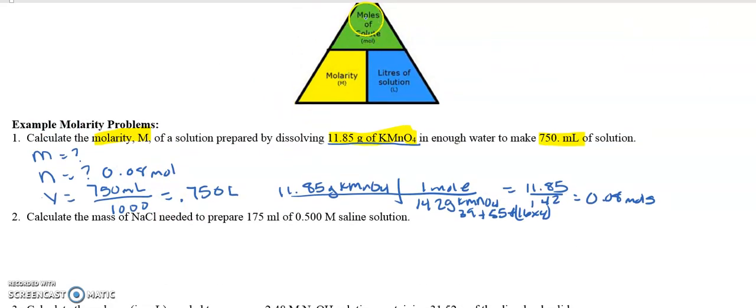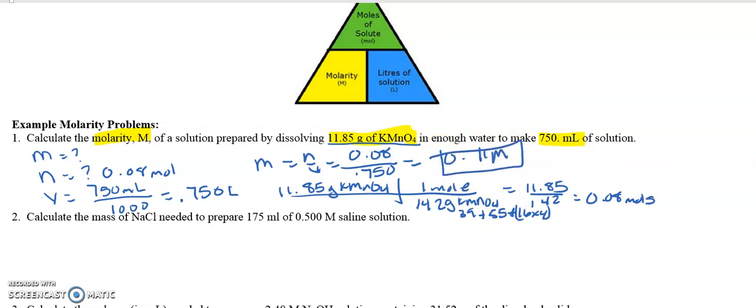So molarity is moles over liters, so M equals n over V. I'm going to take moles, put that on top, divided by the volume. And when I divide this, I get that my molarity is 0.11 molar. Okay, so that's number one.